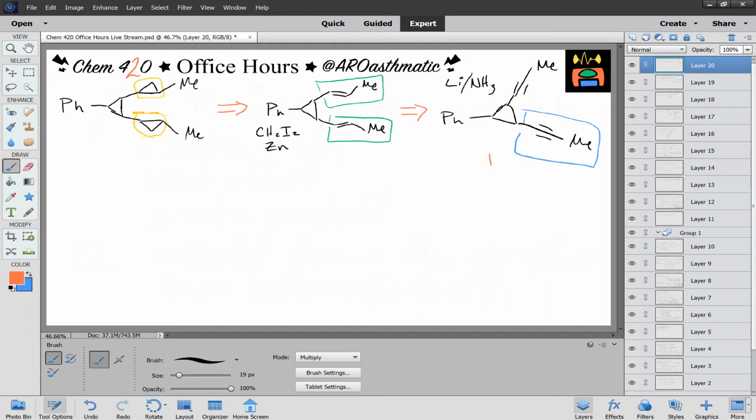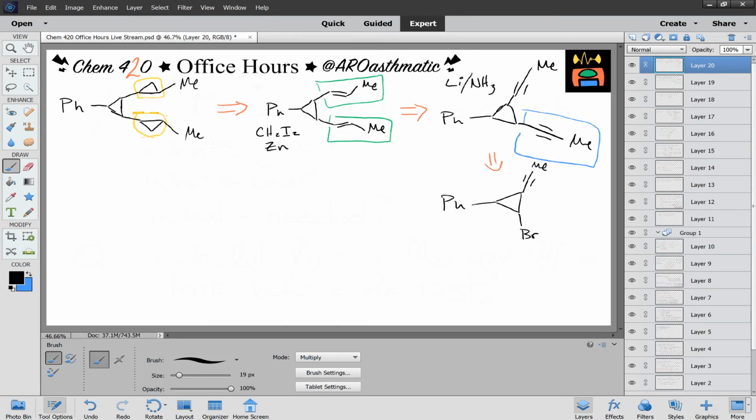You can attach an alkyne to a carbon chain if there's a good leaving group there. So if we had, for example, on this position, a bromine, let me just draw in my other alkyne.